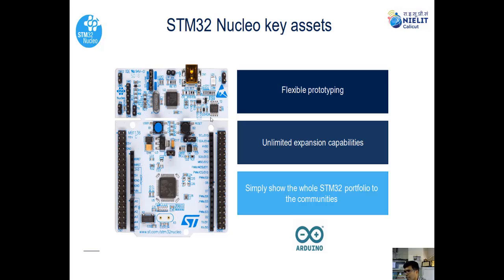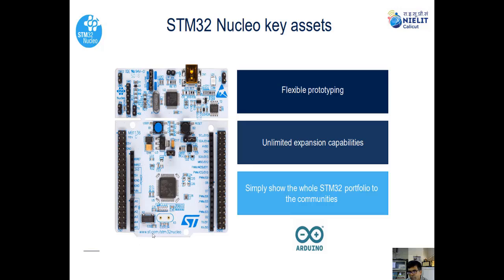That is one of the biggest advantages of these development boards. In olden days the debuggers came separately, so you needed to purchase the debugger and the development board. Now in the Nucleo case, the debugger is part of it, so your prototyping will be very easy.